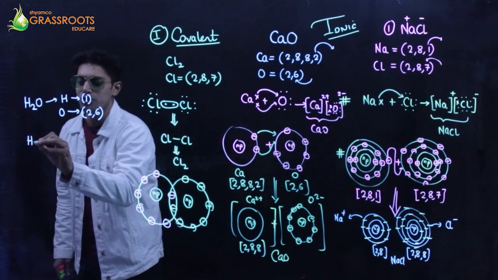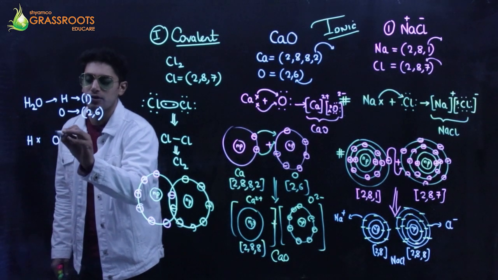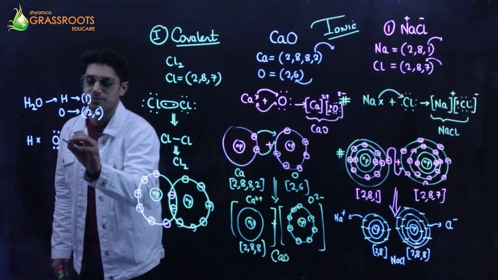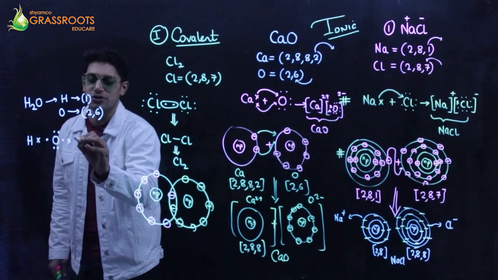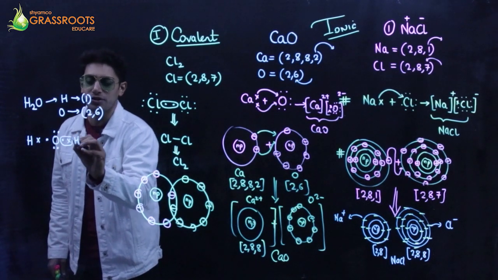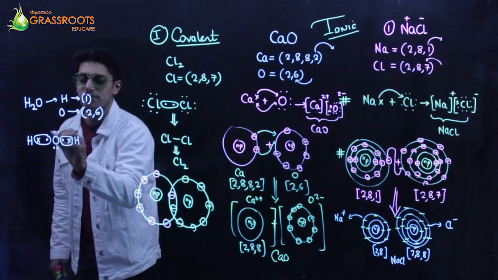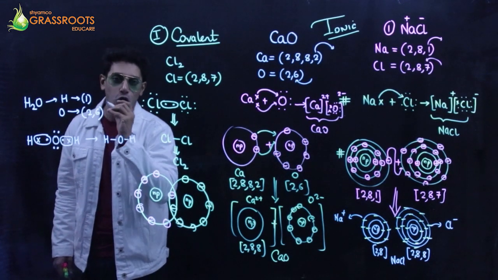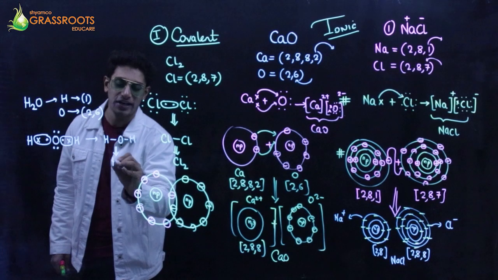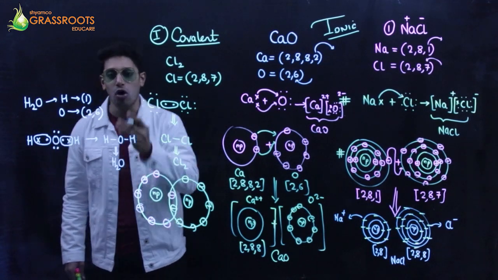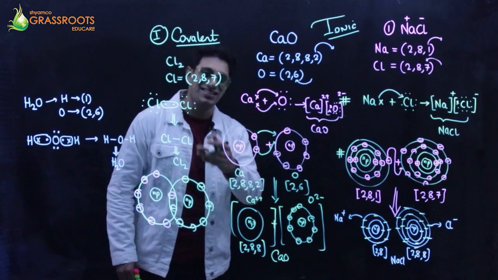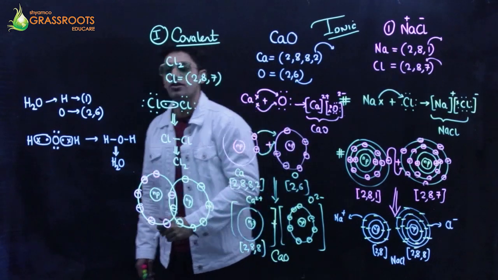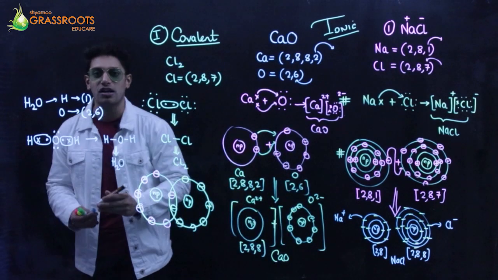We have hydrogen, oxygen with 6 electrons and another hydrogen. A single bond out here makes H-O-H, and that is nothing but water, H2O. That's the structure. This is the dot and cross structure.